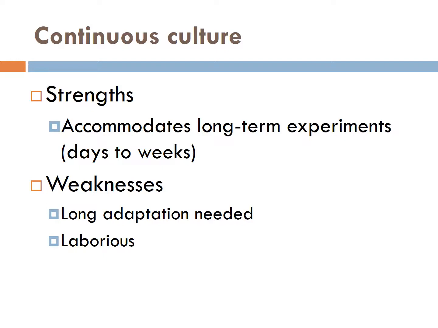With batch cultures, in contrast, you begin the experiment at the time of inoculation. Another disadvantage is that they're very laborious. It takes one person full-time to maintain a continuous culture system like we saw on the previous slide. They have a lot of moving parts, and they're liable to break at any time. A batch culture, by contrast, you simply inoculate and leave alone.